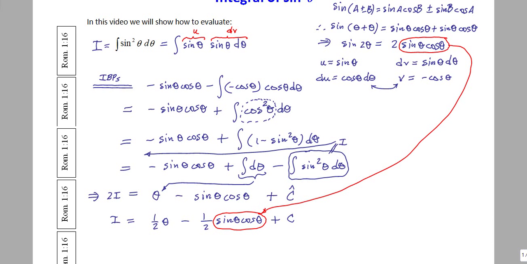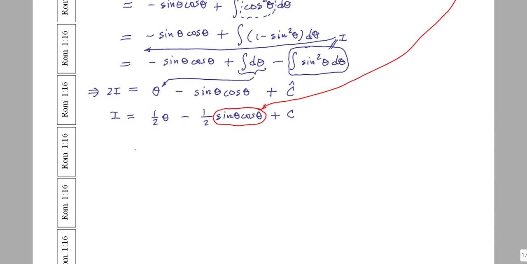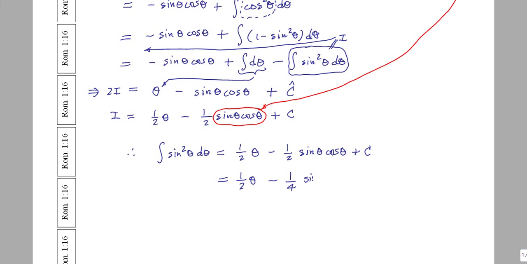And so to summarize then, I have therefore the integral of sine squared theta d theta is equal to 1/2 of theta minus 1/2 of sine theta cos theta plus a constant of integration, or if we make that substitution, we can write this as 1/2 theta minus 1/2 times 1/2 is 1/4 times sine of the double angle plus some constant of integration.